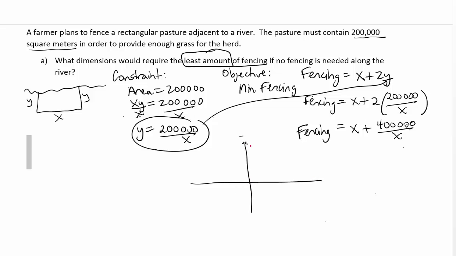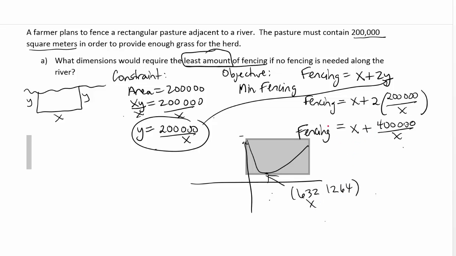And I had a graph that looked kind of like this. And if I label that min, it was at 632 approximately, and 1,264 approximately. The x value here is the x that we had in our formula.